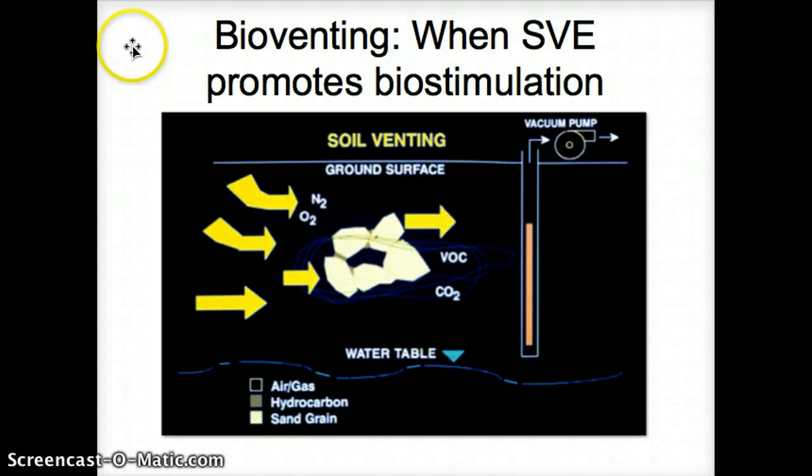Here's bioventing. It says here soil vapor extraction promotes biostimulation. Again, the purpose is not to remove contaminants through an airstream, but to use a similar technology just to promote biostimulation. Usually that means lower airflows, just enough airflow to promote the growth of bacteria.